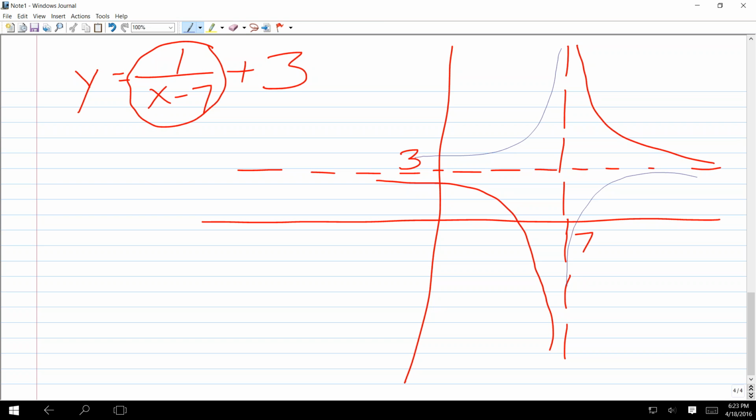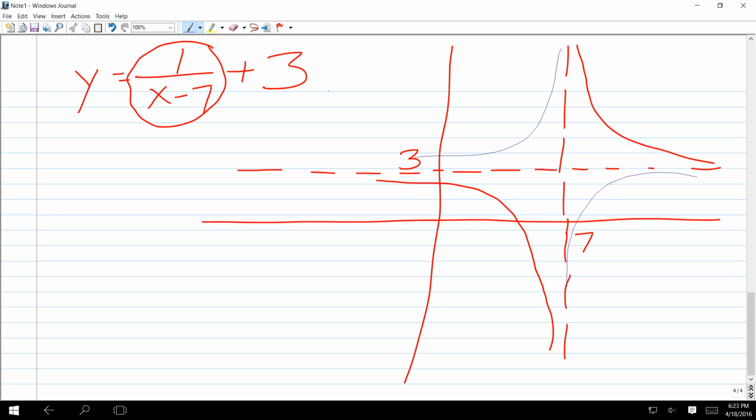You got it, exactly. Now, you can't always tell by just the negative sign. If it's a complicated looking function, then the best way to tell is pick a point to the right of your vertical asymptote and figure out whether it falls above y equals 3 or below y equals 3.